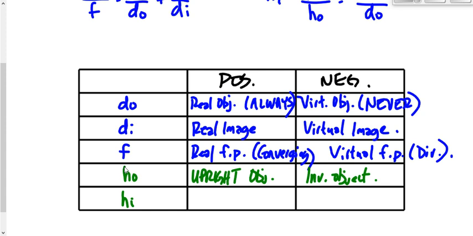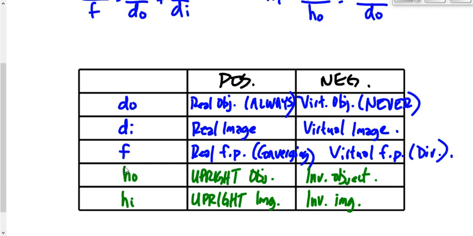HI will be positive if it's an upright image, and it's going to be negative if it's an inverted image, which happens all the time. One thing to remember, though, that can be very helpful: remember that pattern we noticed? If it's a real image, it was always upside down.